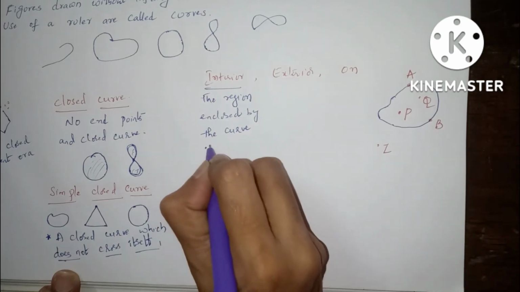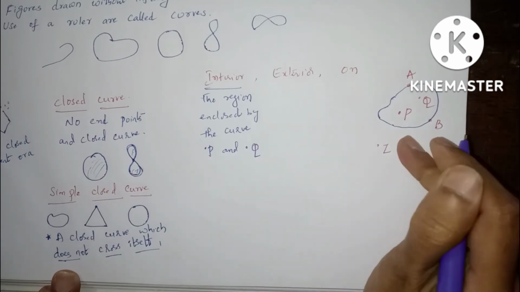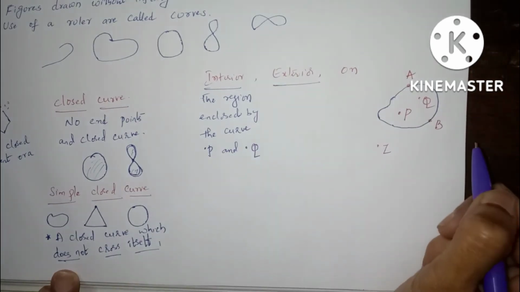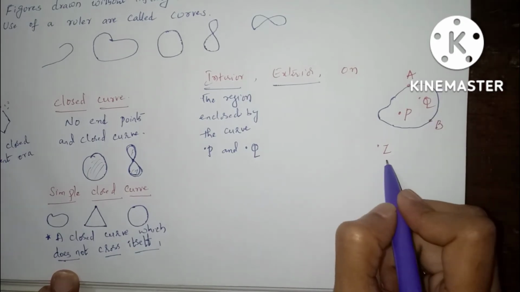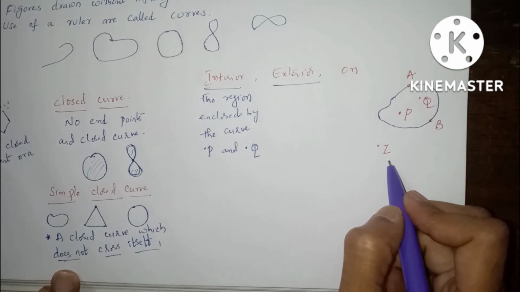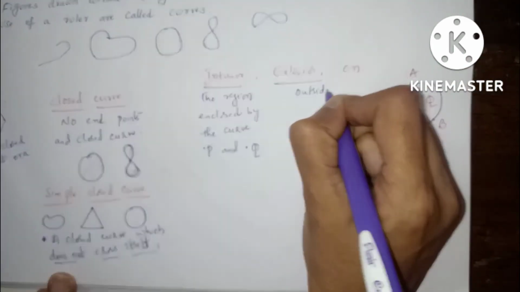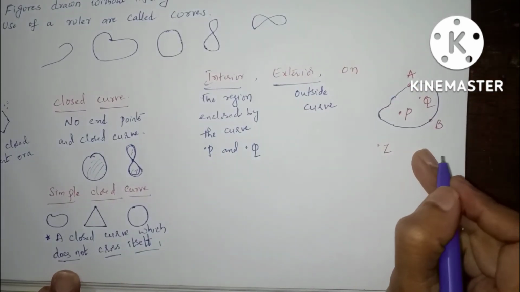If you see this figure, what are the interior points here? Here point P and point Q are the interior points. Then what is the exterior? Can you identify the exterior points? The only exterior point is Z, meaning the region outside the curve. Whatever points lie outside the curve are called exterior points.